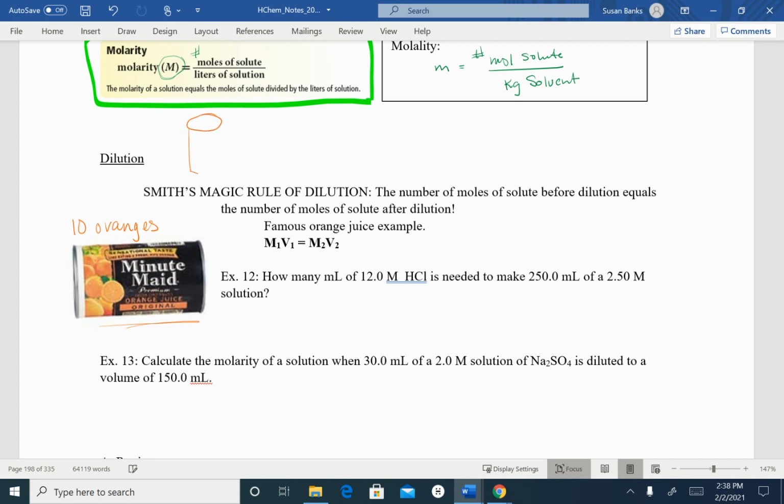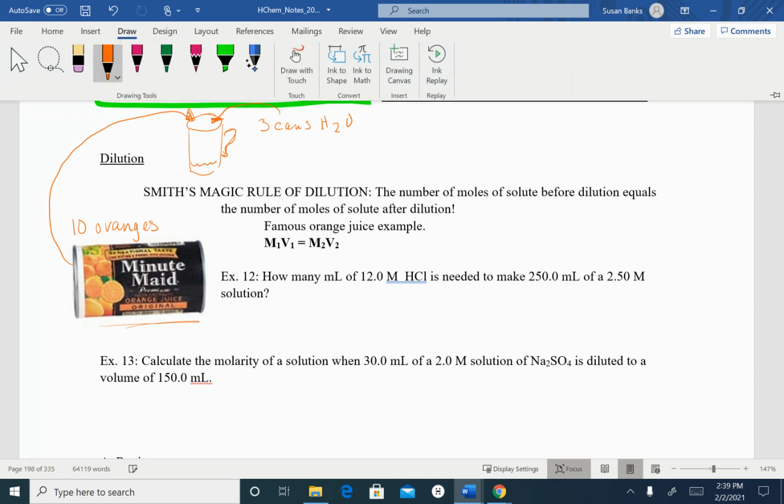So I grab the pitcher, right? And I put this can in of the concentrate. And then I have to put 3 cans of water in there. And I stir it up, right? I start with the orange concentrate and then I add the water.